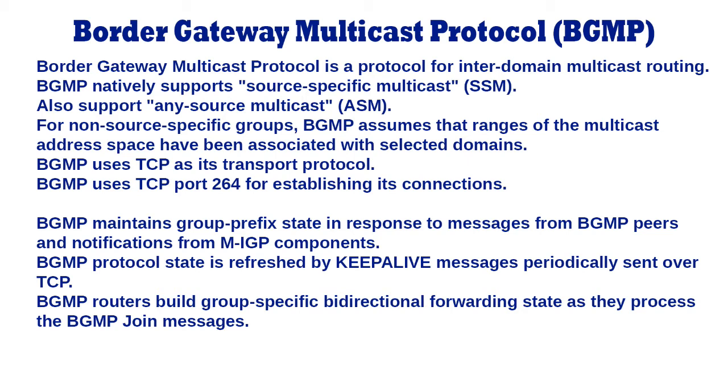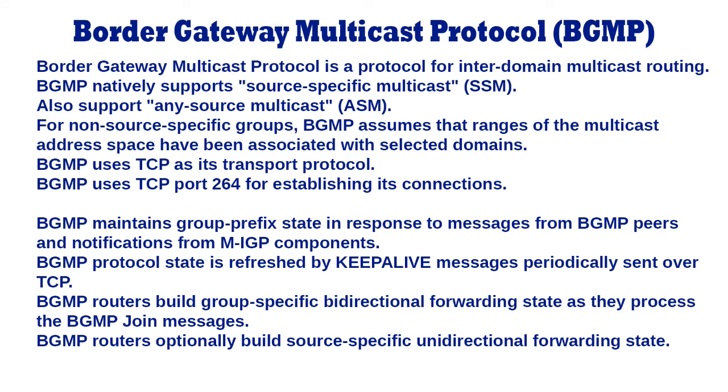BGMP routers build group-specific bidirectional forwarding state as they process the BGMP join messages. Bidirectional forwarding state means that packets received from any target are forwarded to all other targets in the target list without any RPF checks. No group-specific state or traffic exists in parts of the network where there are no members of that group.